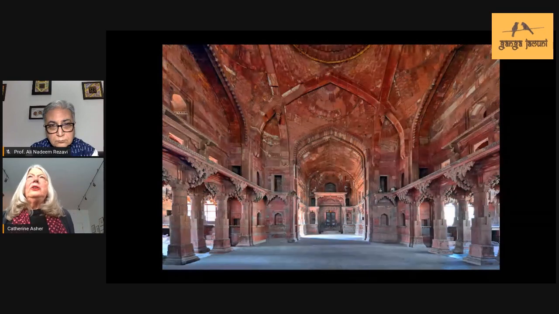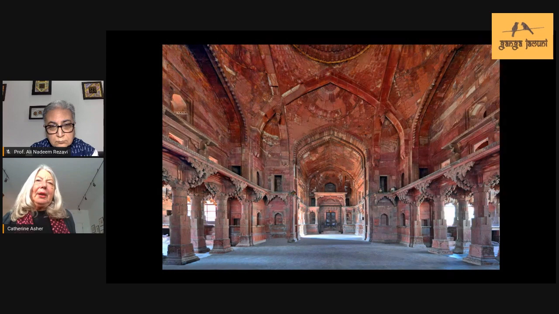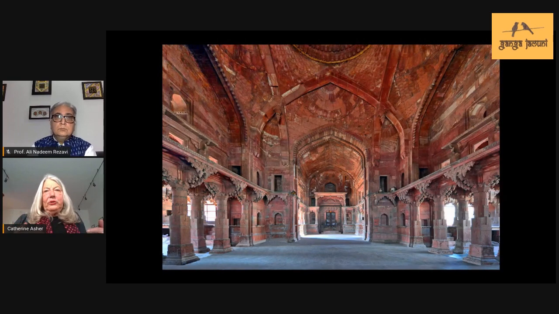In other words, it shares the traditions that we're seeing, for example, in the interiors of some of the tombs I've shown you, in the interior of Humayun's tomb, which I didn't show you, but I assume many of you do know. So again, we have this sharing of traditions.